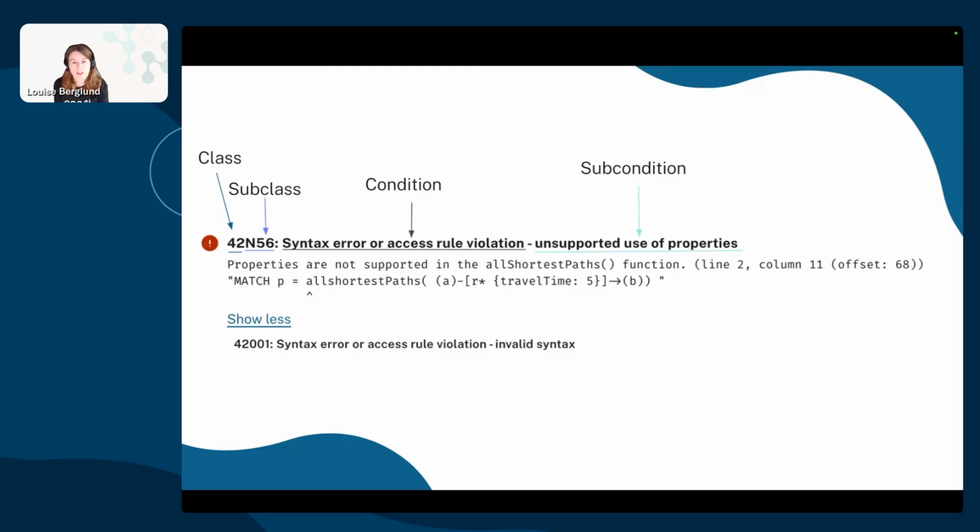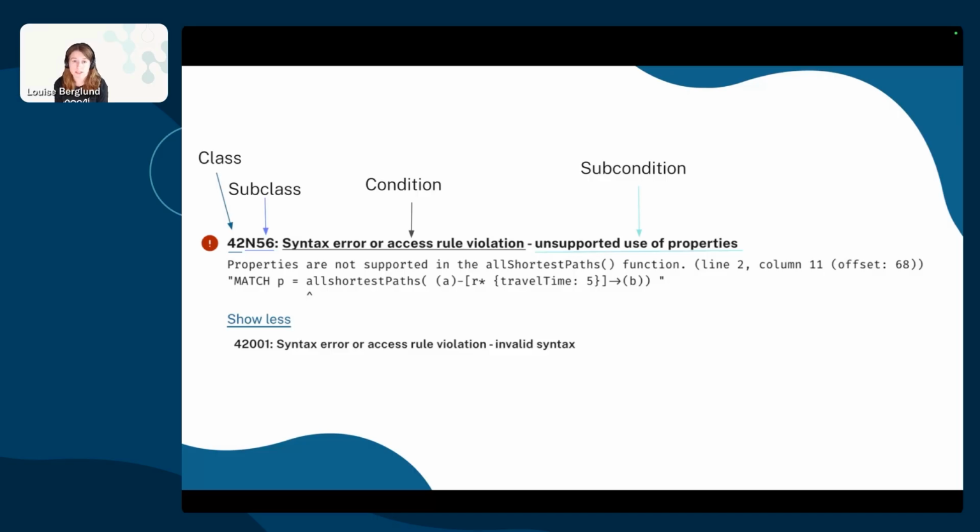Then in the status description, the text, we have a condition. And you can see for both of these, it's syntax error or access rule violation. And this is because the condition is just a textual representation of the class, really. So this is what 42 means in text. Similarly, we have the subcondition, which is a short textual representation of the subclass.